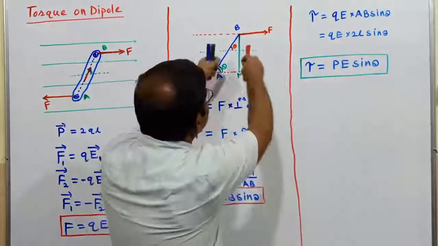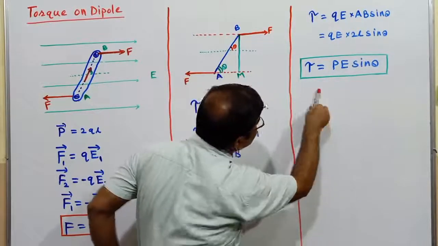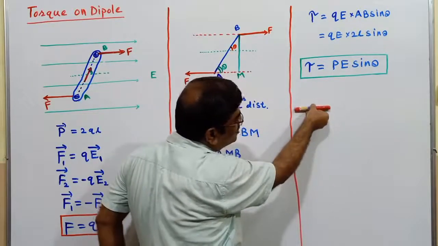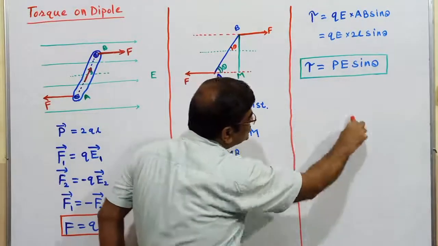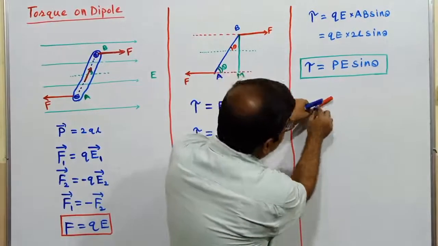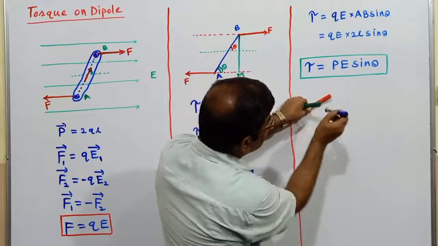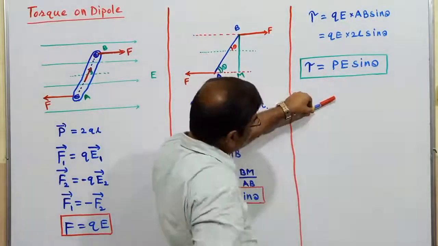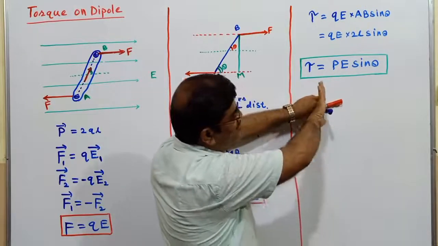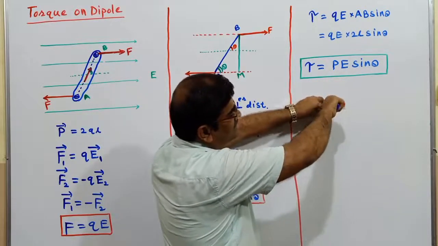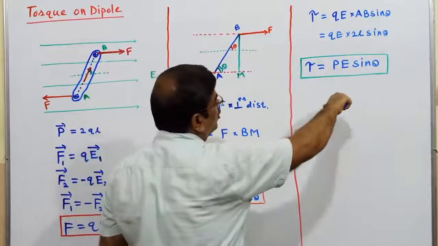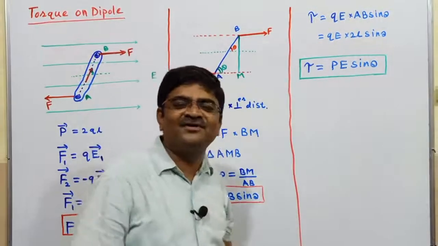See here, I have this dipole rotating like this, with one force and another force, so naturally it will rotate like this. What is the sense of this rotation? Clockwise. If it rotates clockwise, this is the axis, and I need to hold it like this. Notice, for clockwise rotation I need to hold like this. So in that case my thumb is pointing into the plane of the paper.